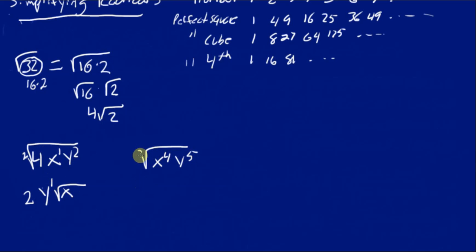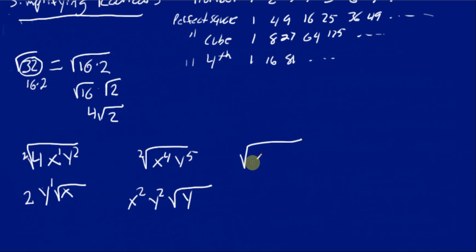Long and drawn out process, I'm going to show you the shortcut. 2 goes into 4 2 times, so 2 x's come out. There is no remainder, so there's no x left inside. 2 goes into 5 2 times, so 2 y's come out, or y squared, with a remainder of 1, so there's 1 y in.